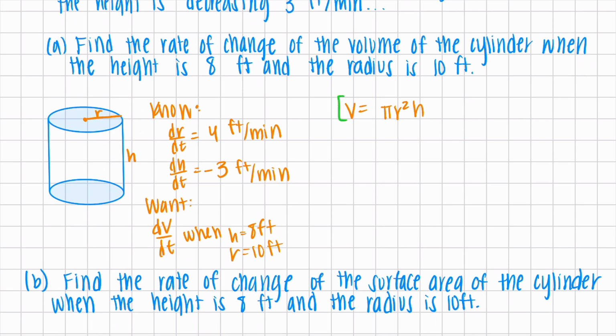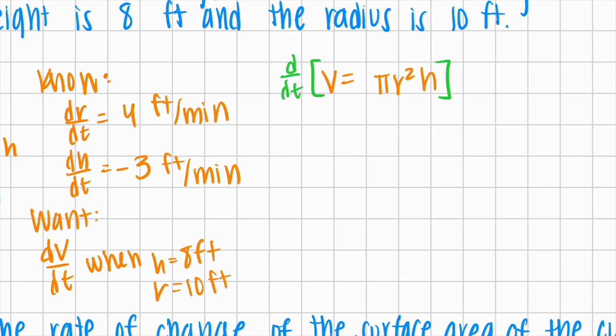Let's take the derivative on both sides with respect to t. We get dV/dt equals, I'm going to take the derivative of the r squared first, so 2 pi r dr/dt, we had to chain rule the r, times h, plus pi r squared, take the derivative of h, we get dh/dt.